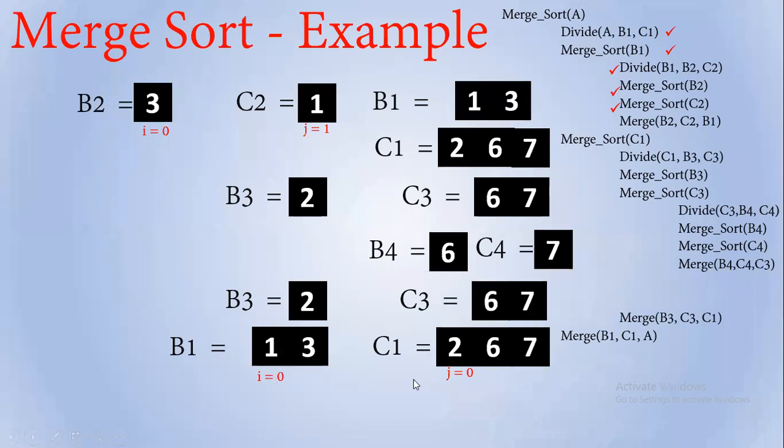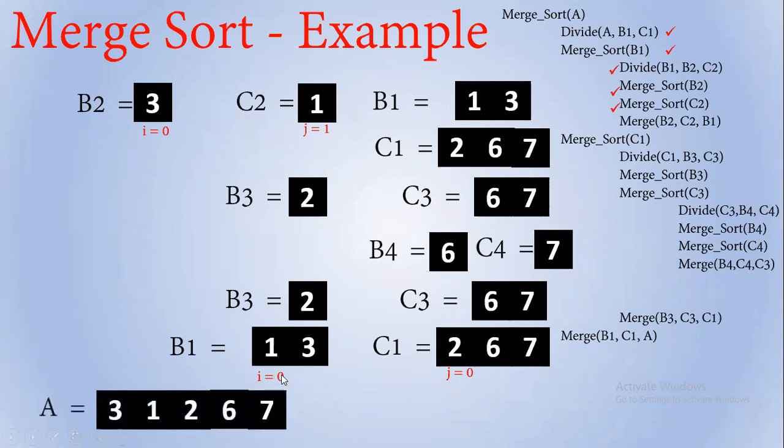So i and j will be initialized to 0. First this element is compared with this element. What is the lowest one? It will be 1. So array A's first element will be 1. The initial array is something like this.